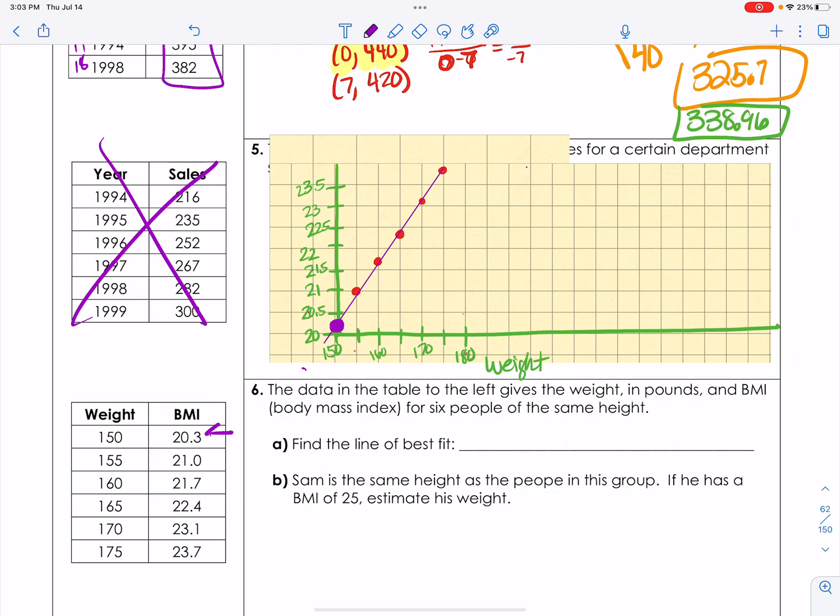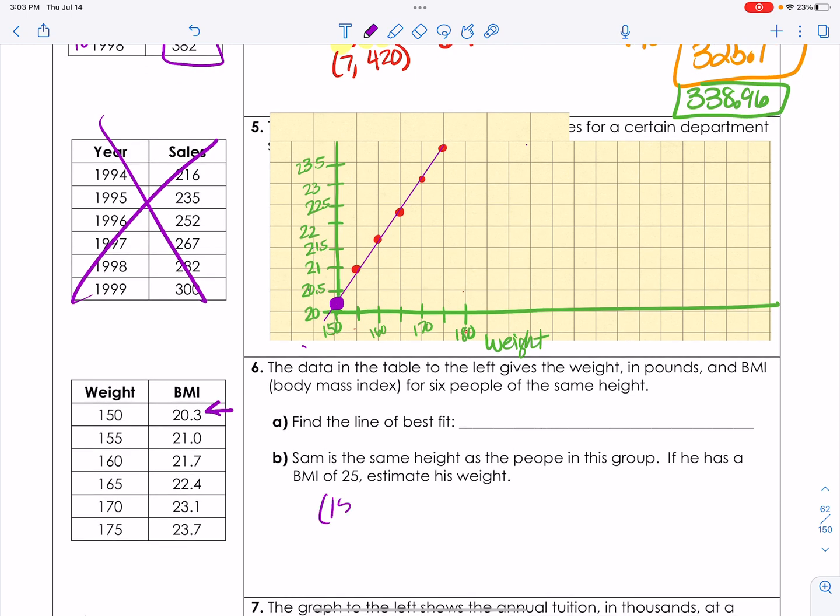So I know I have a point at 150, 20.3, and if I follow the line, it really looks like it's hitting this point really well, which is 170, 23.1.